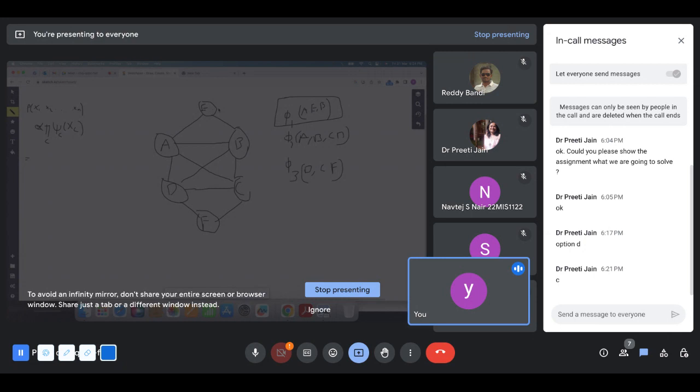If I write this as psi 1 of A, E and psi 2 of E, B, then in this factorization we have an assumption that A and B are independent given E, right?